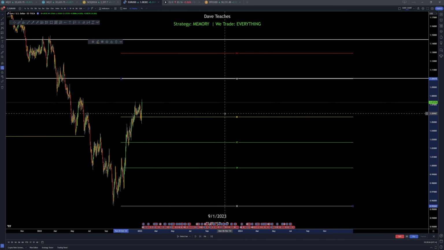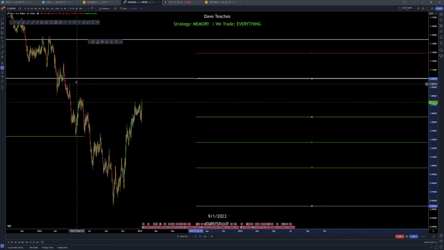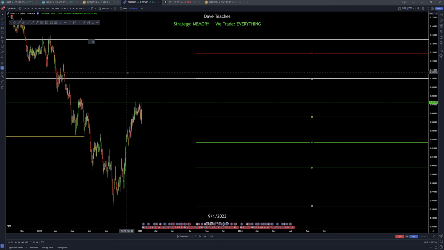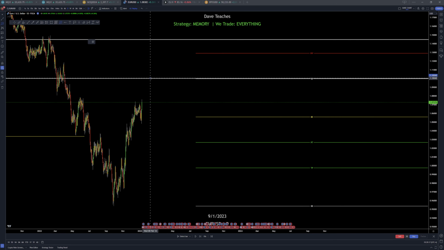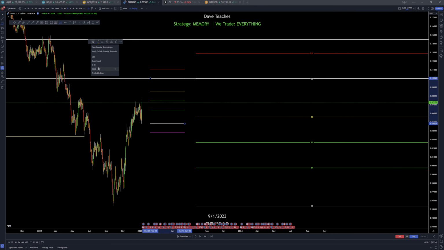Oftentimes, the delivery of the internal one is going to lead you to the BE of the outer impulse, right? So let's just click here, and there's the internal impulse right there, because we know that's the low that's currently bringing it up. It can change, but that's the low that's currently bringing it up. Let's click forward.